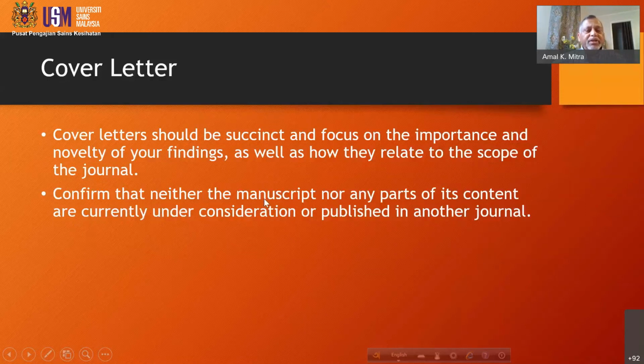Confirm that neither the manuscript nor any parts of its content are currently under consideration or published in any other journal. If there are any publications before or conference presentations, sometimes you can mention that in the cover letter.